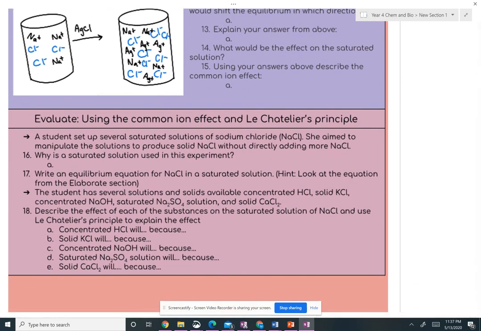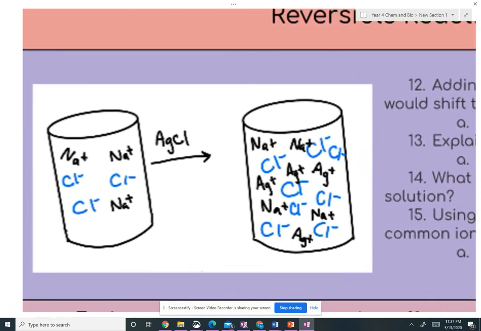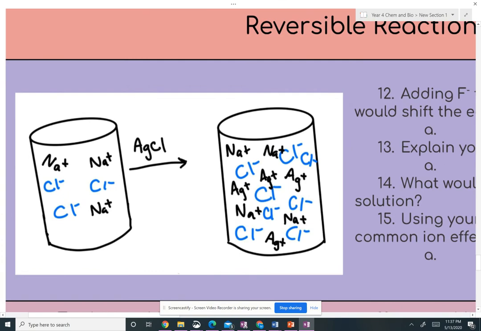It's the same thing on this last picture. I dissolve salt, and then I add this silver chloride. Eventually you will saturate the solution because you have so many Cl minuses.